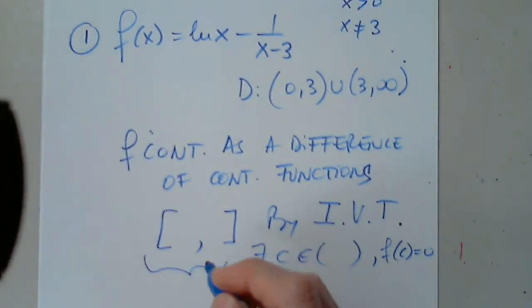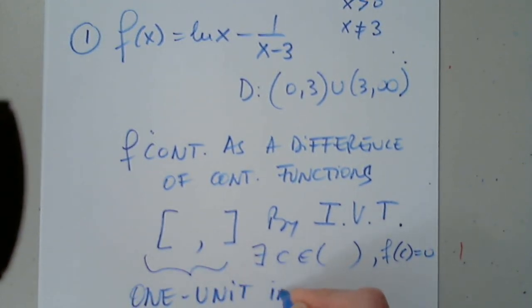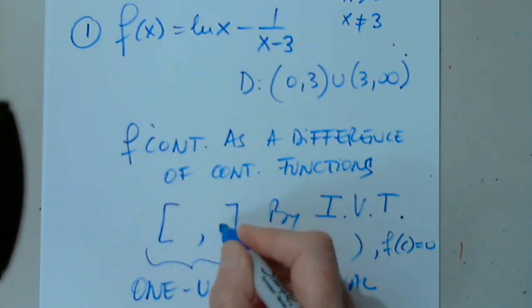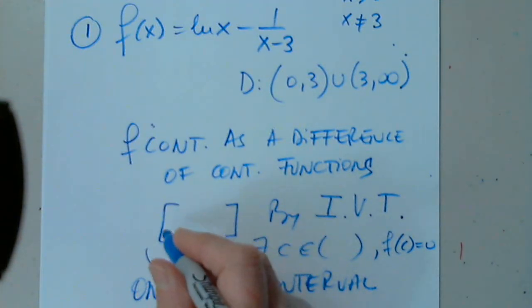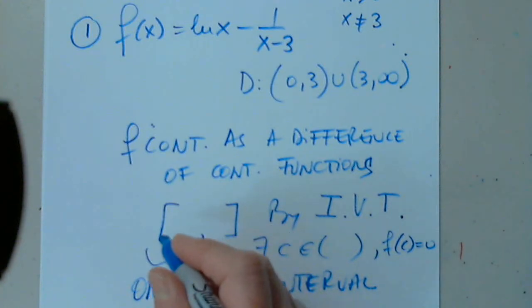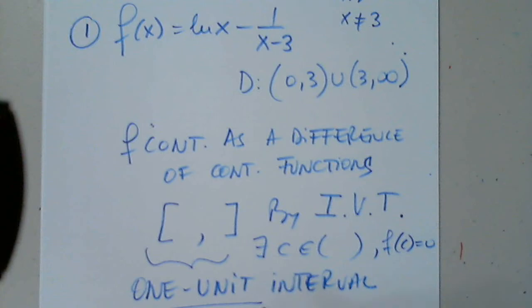But this has to be a 1 unit interval, as we did before. Not 0 to 10, but 5 to 6, yes. 0 to 1, yes. -2 to -1, yes. But not 0 to 10, 5 to 15, something like that. 1 unit interval.